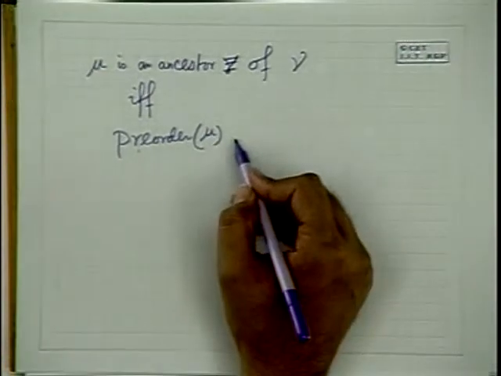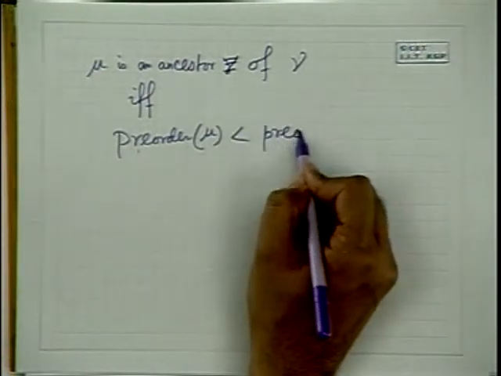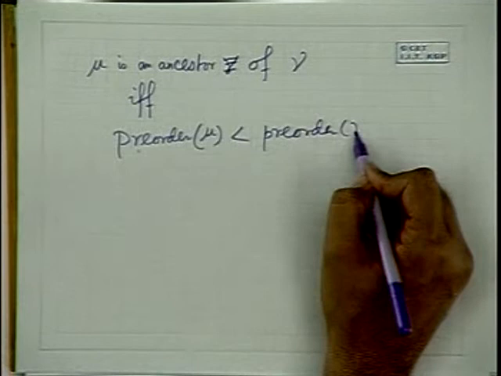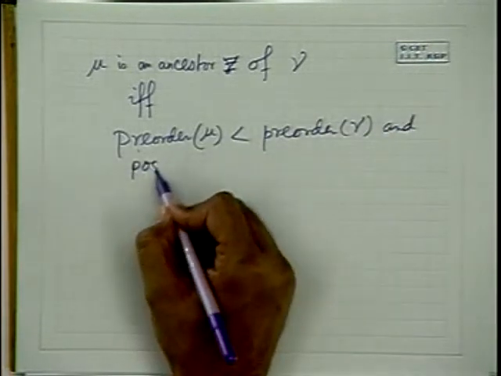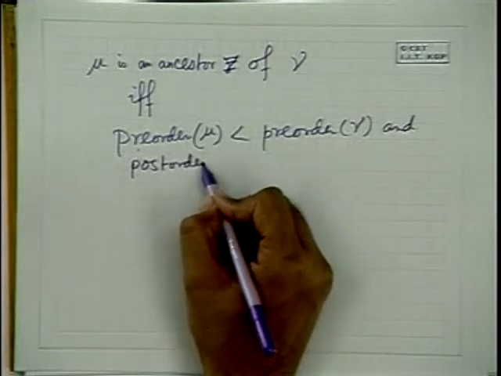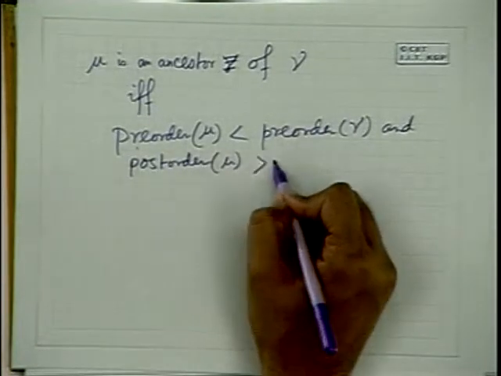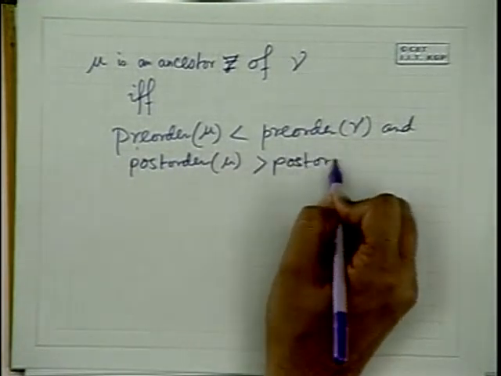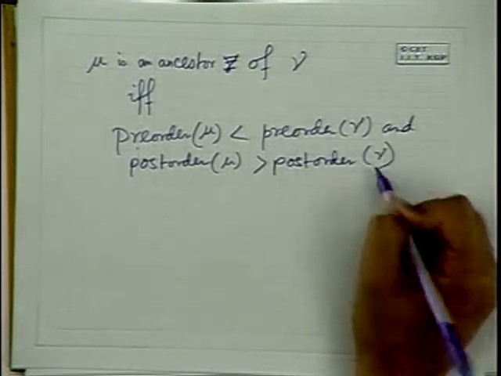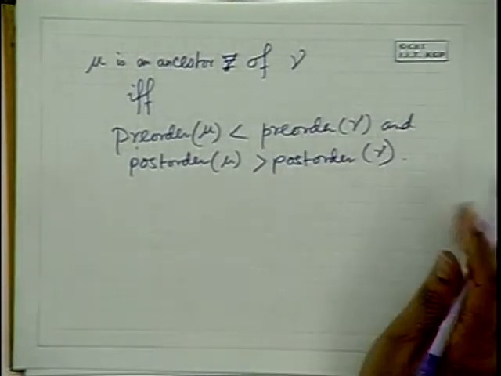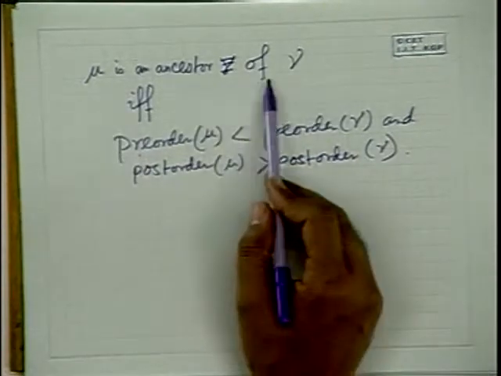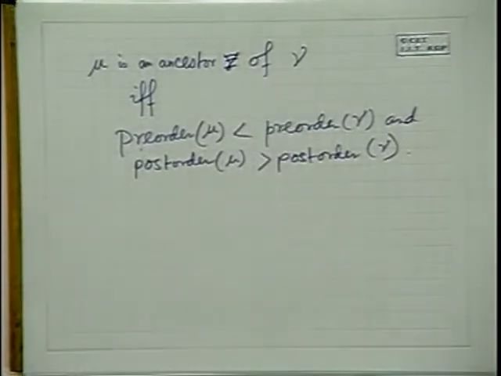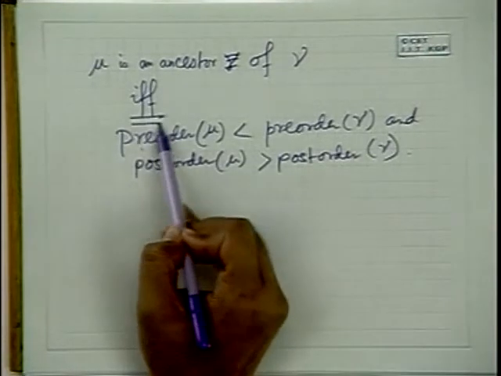If pre-order of mu is less than pre-order of nu and post-order of mu is greater than post-order of nu, you verify it later. If these two conditions are satisfied, then you know that mu is an ancestor of nu. And it's an if and only if condition.